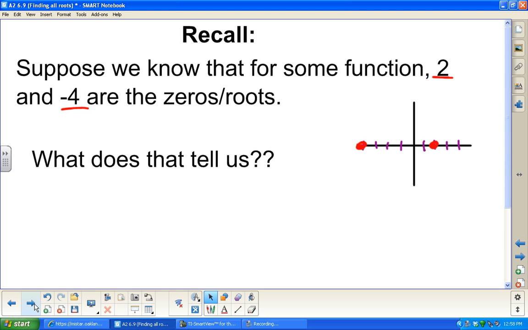Okay, so let's recall something from a previous section that we're going to use a little bit. I think this was in 6.8 if I remember. If they give you, or if you know the zeros, like you know the answers, could we come up with the equation somehow? Or what do we know?